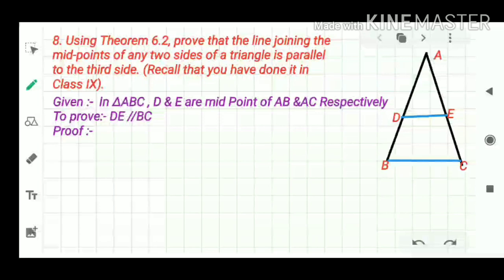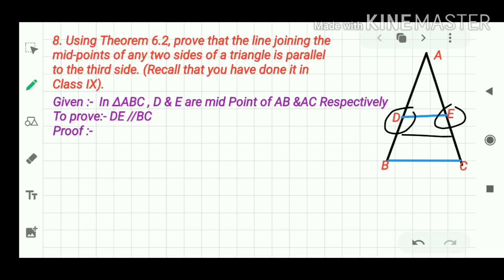Question number 8. Prove that the line joining the midpoint of any two sides of a triangle is parallel to the third side. It means in triangle ABC, D is midpoint of AB and E is midpoint of AC. So the line joining is DE, and DE is parallel to BC. It is to be proved.